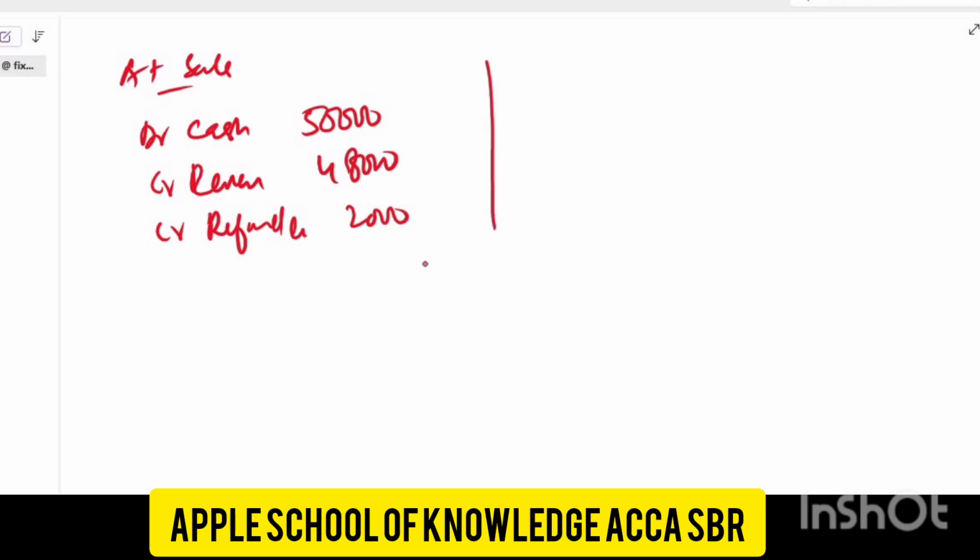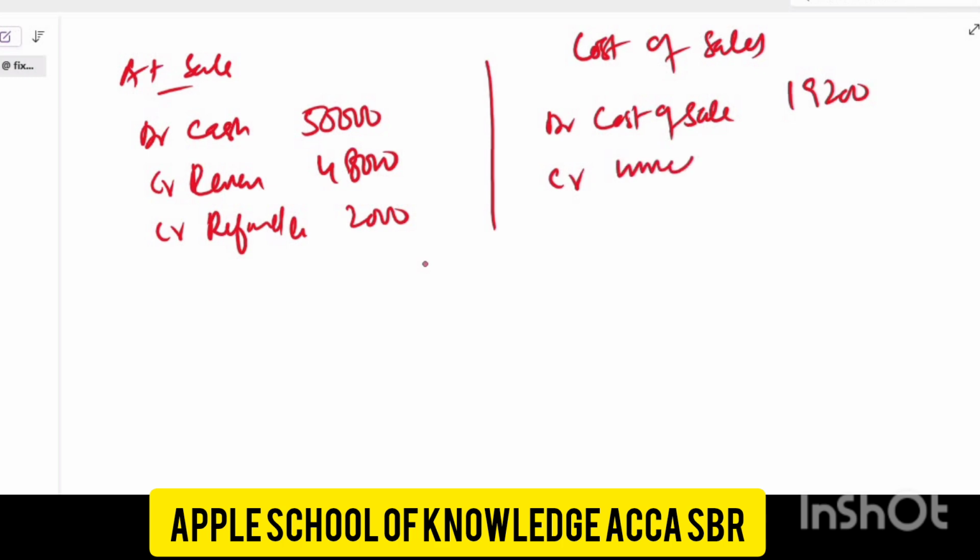Okay, now cost of sale. For cost of sale, what you will do? Debit cost of sale with 9,200, credit inventory with the same amount, and then about return asset that you will recognize.